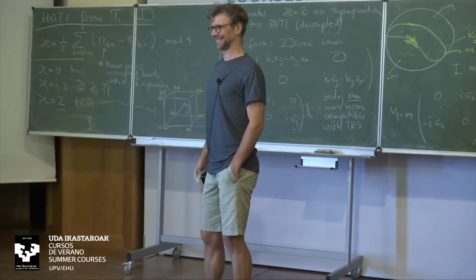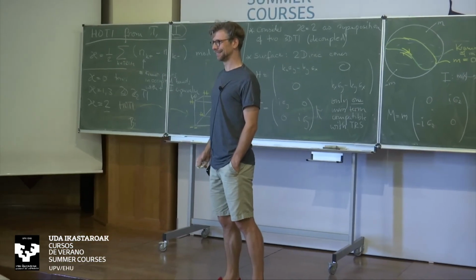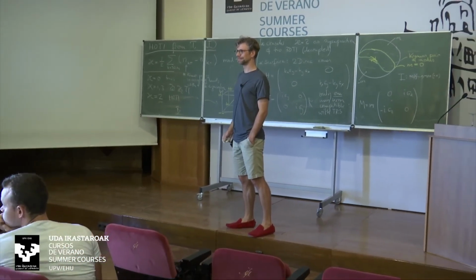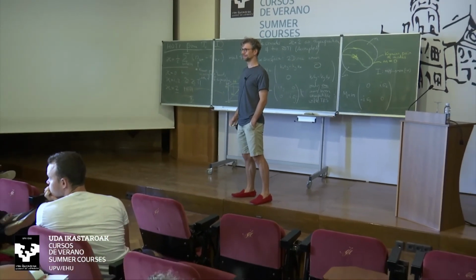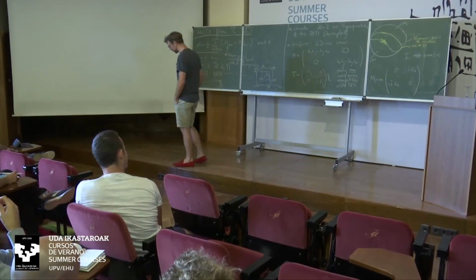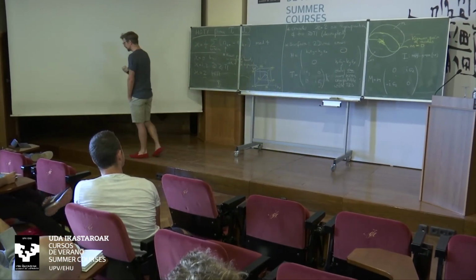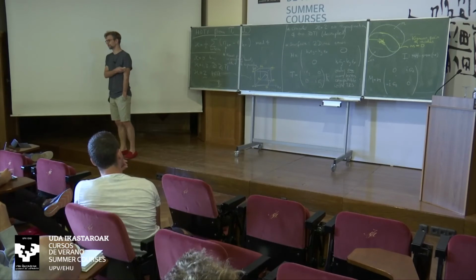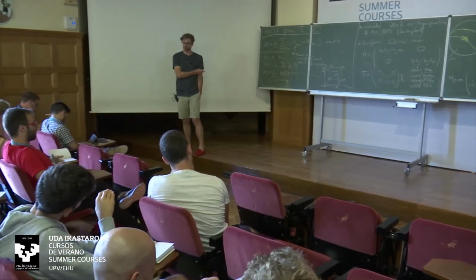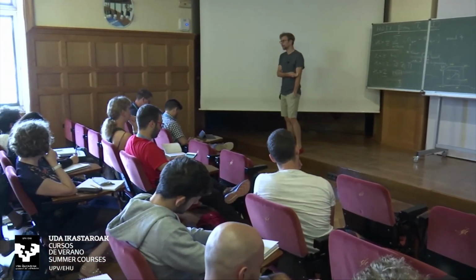Just one question. From the definition, you calculate the parity for your form. When you do, you get a higher order TI. Are you saying that all the weak TIs, 3D weak TIs, are all higher order TIs? That depends on your point of view. So the weak TI, of course, requires translation symmetry to be protected, right? If you break translation, there's no surface state. Here, I didn't ask for translation.